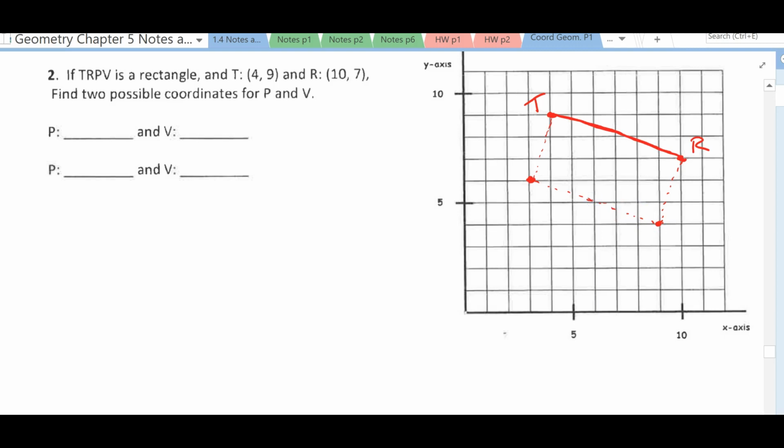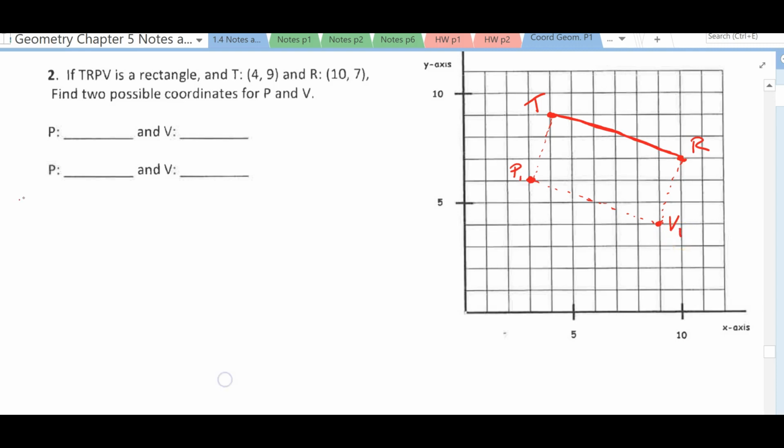Now this does look like a rectangle, but we're going to have to verify it by checking all the different slopes and making sure that the opposite slopes are the same. These two slopes are the same, and these two slopes are the same, and the consecutive slopes are opposite reciprocals. Let's call this P, P1, and this V, V1. Let's find the slopes.